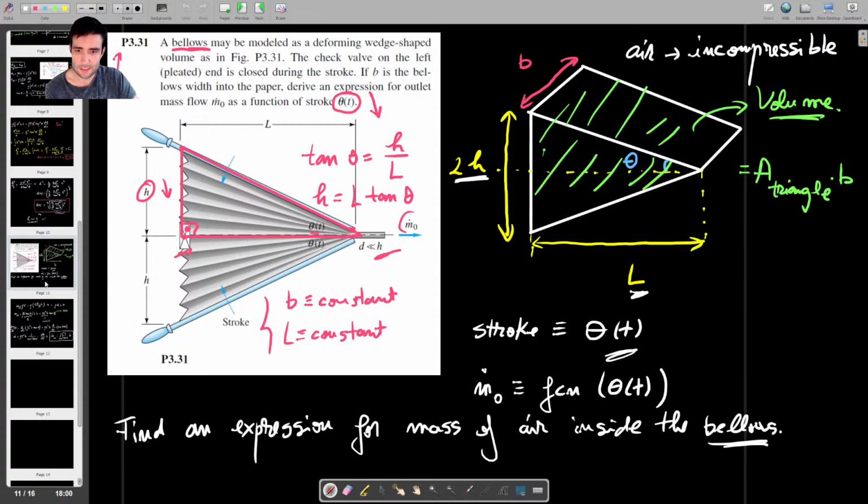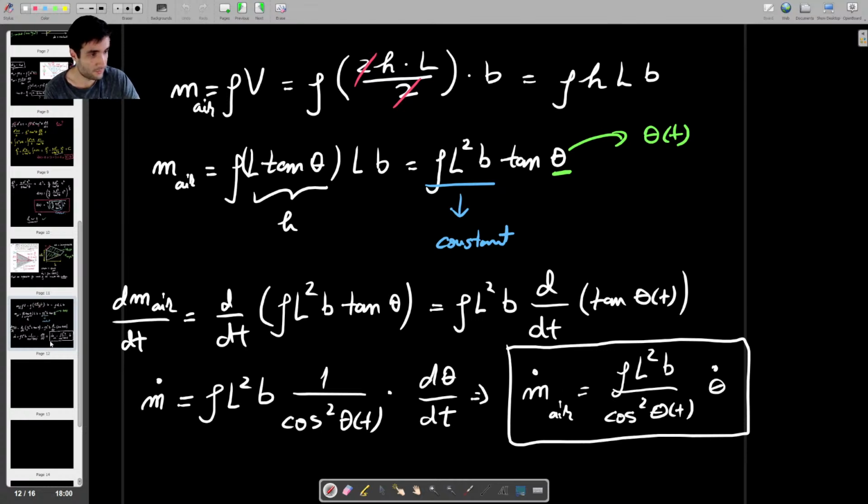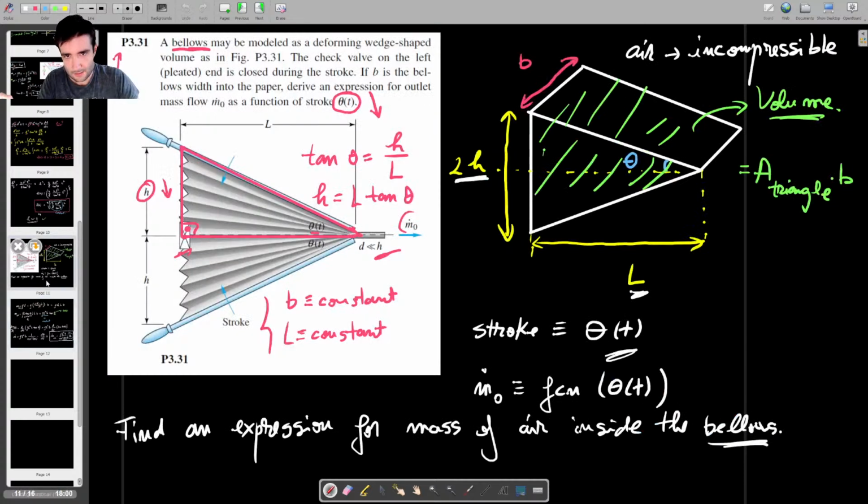Okay, so that's the mass flow rate of air as it's leaving the system, as it's leaving the bellows. And if you look at what I have here, this just depends on theta, because yes, it depends on rho, L and B, but they are constants. The only variable I have is theta. So I have cosine of theta squared, and I also have the rate of change of theta, because I don't know how much that is, but clearly this must be a factor, because theta dot is a measure of how fast the bellows is being closed.